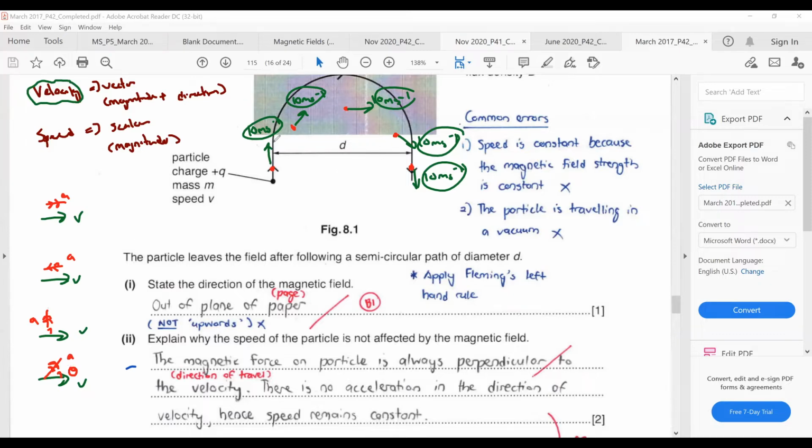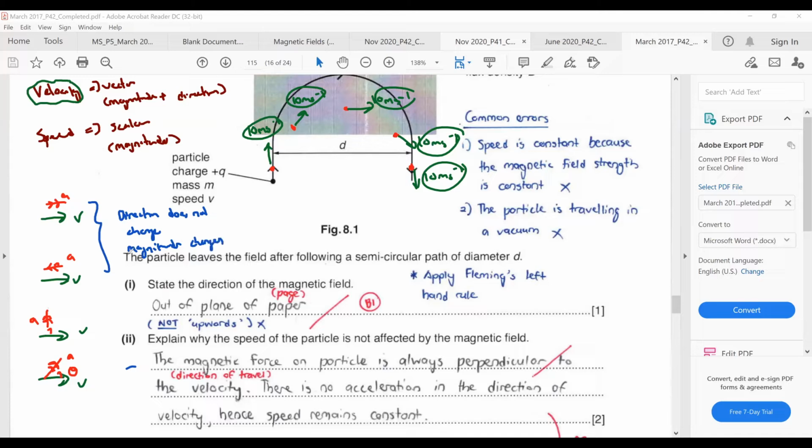So what you could say here is for these two, the direction does not change.